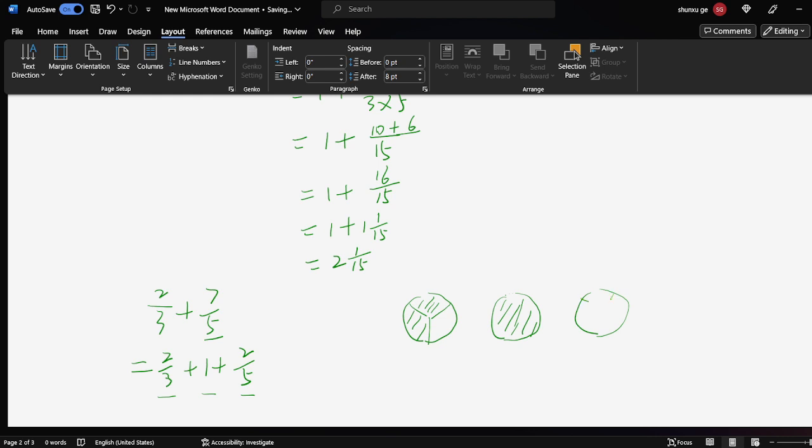Okay, the third pizza, I cut into 5 small parts, but I don't eat them all, I only take 2 small parts out. So of all the pizza, I eat 8.